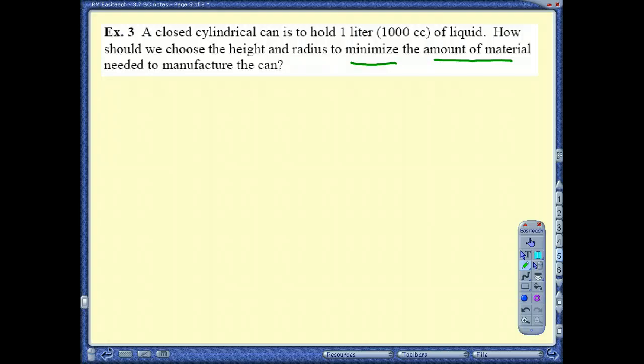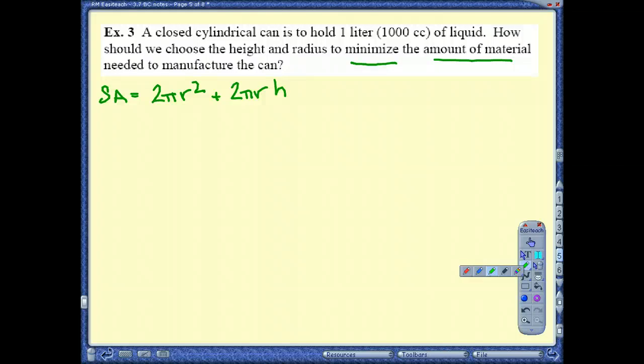Well, when I look at a cylinder, my surface area is going to be the top and the bottom of the can. So you've got 2 circles. And then you've got that cylinder part. Well, if you cut that and spread that out, that's going to be a rectangle. The length would be 2 pi r, because of the circumference. And then the height of the can would be the height of the rectangle. So that's what we're needing to minimize.